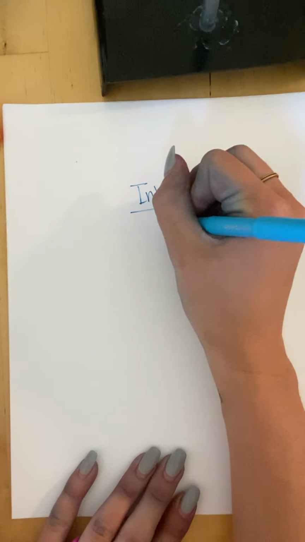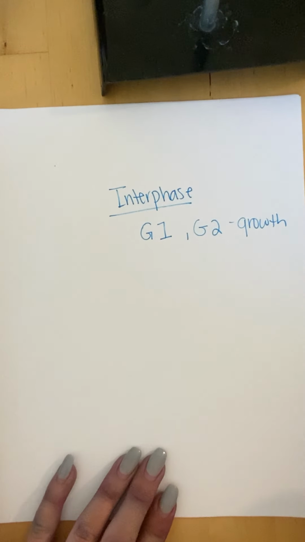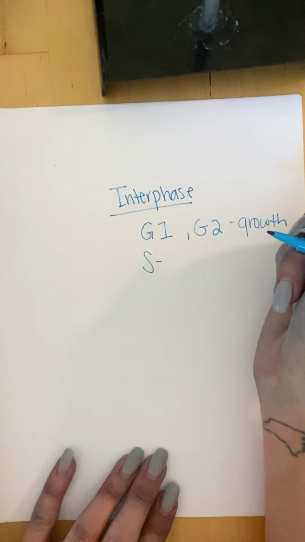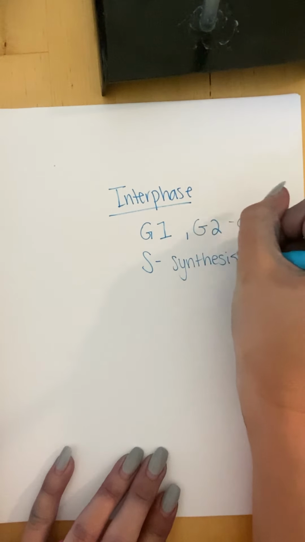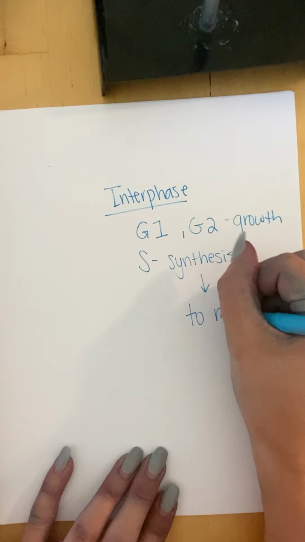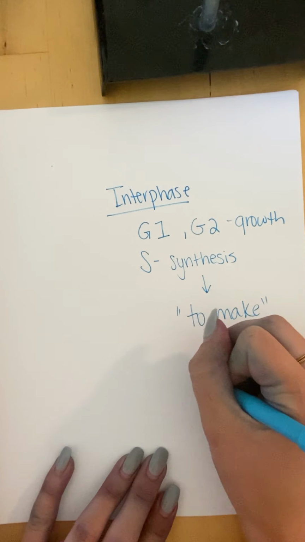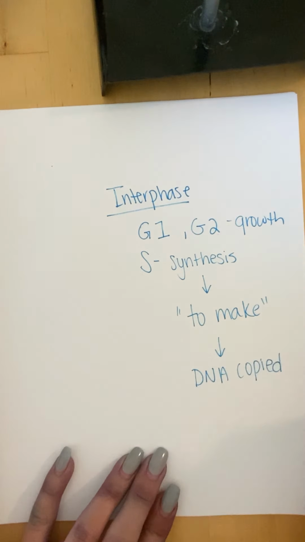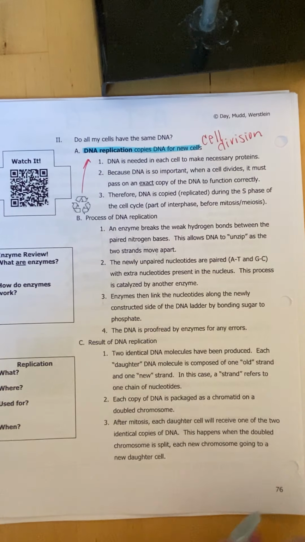We've got G1 and G2, which stand for the growth of the cell. So the cell is growing. And then there is something referred to as S phase. S phase stands for synthesis, and we know that synthesis means to make. So during this phase, we are actually making more DNA. It's when our DNA is being copied, and that is the process of DNA replication.